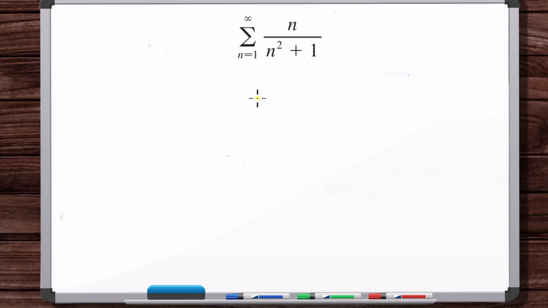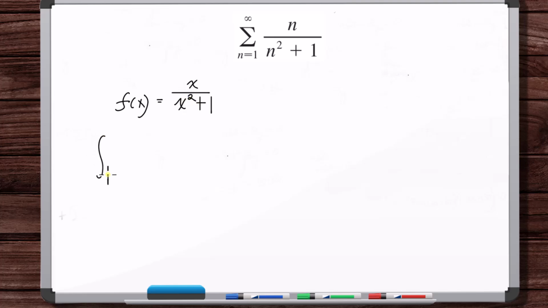So, okay, if we replace the n with x, then from 1 to infinity, this is always a positive function. It's always continuous. We can never divide by 0. And then it's decreasing. The denominator will always get bigger and bigger and bigger relative to the numerator for every single x.